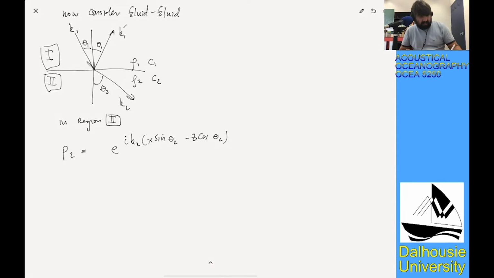But I'm missing something, right? We need to say something about how much energy is going across. So we're going to use T. Can you guess what T stands for? Transmission coefficient. I know you were all yelling that out. Your roommates are poking their heads in the door. Yeah, transmission coefficient.